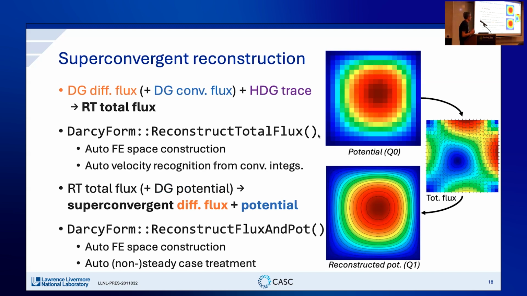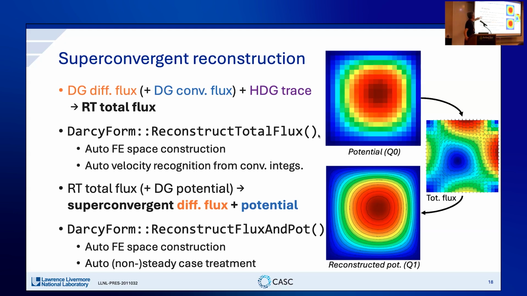And then take this total flux and use it as a source term for that original system, but with one order higher polynomials than we had originally. So then we get superconvergent diffusion fluxes and potentials nearly for free. And everything is automated pretty much for the user.